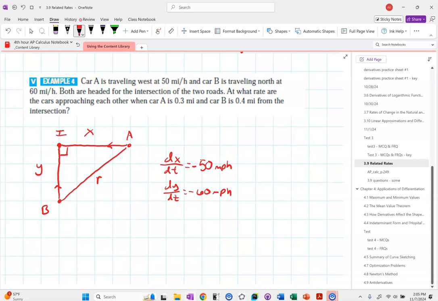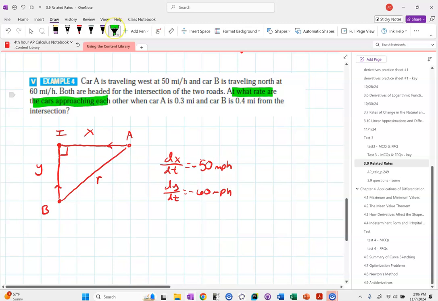Okay. It says both are headed for the intersection of the two roads. At what rate are the cars approaching each other? What is that rate going to be? What do we name that rate? What is representing the distance between the two cars? dr. So this is going to be dr dt.